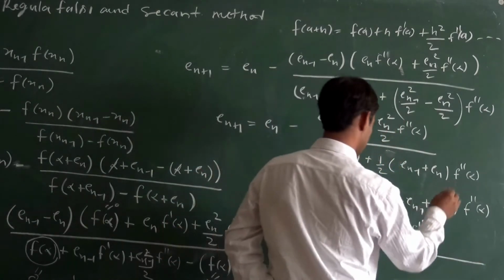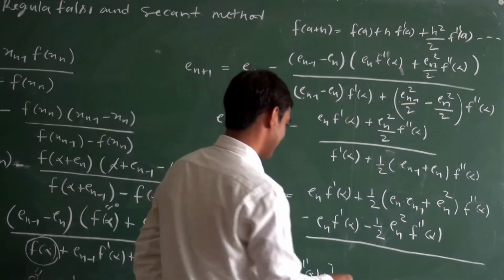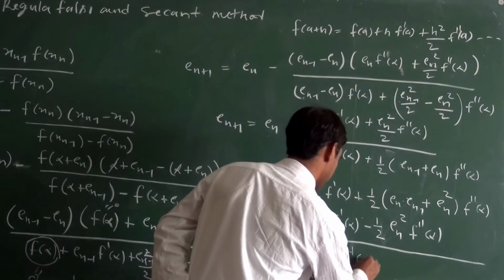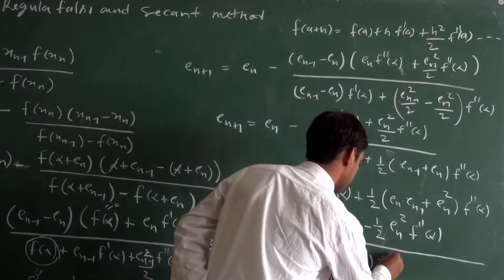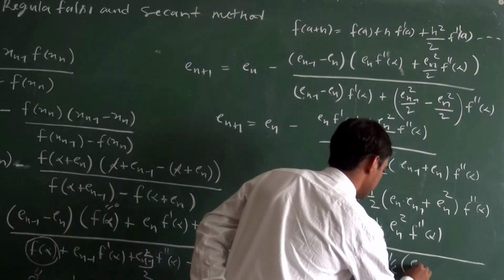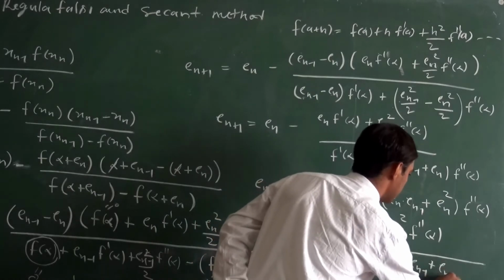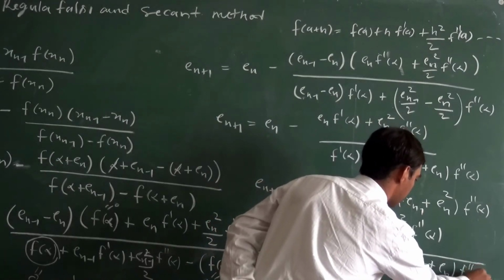So if we write this one, it is f dash alpha plus 1 by 2 (e_n minus 1 plus e_n) f double dash alpha.